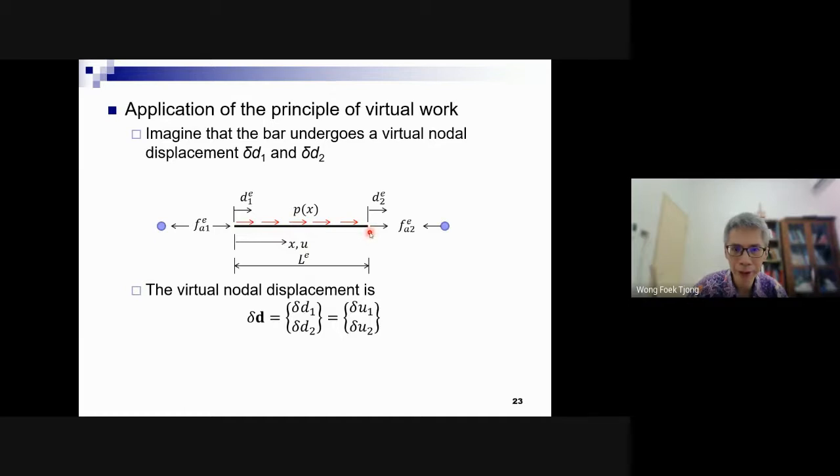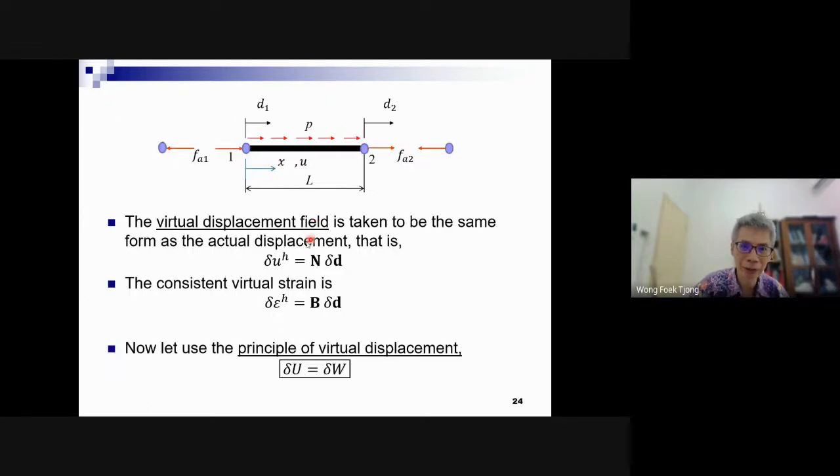Or we may imagine that I disturb just the nodal displacements here, delta D1 and delta D2. Only here we disturb, and then for the rest, we take the same form. The virtual displacement field takes the same form as U, right?